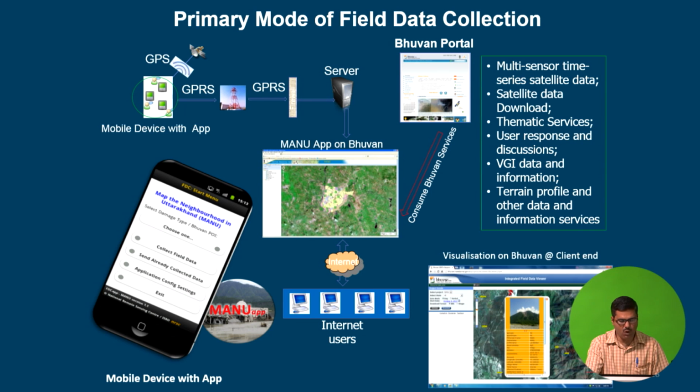So simple proformas were created, and the user can select a proforma and then click on the button saying collect field data. He can collect the data as per the proforma, and over the internet through GPRS he is able to send the data to the Bhuvan portal, and in near real time we are able to visualize it on the Bhuvan platform.